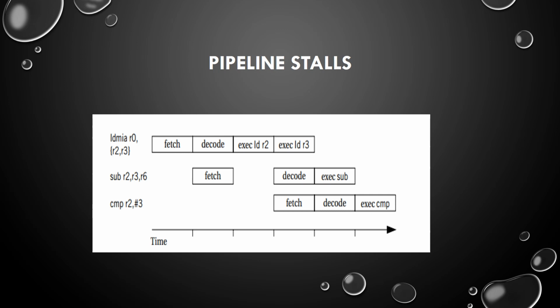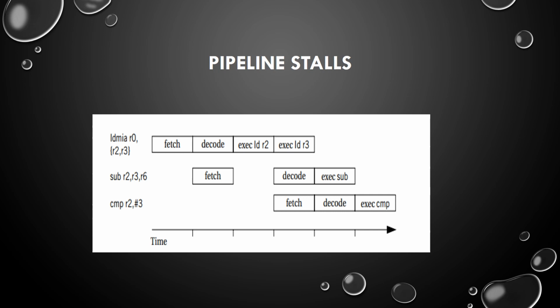It starts the fetching of the subtraction instruction during the decoding phase of the LDMIA instruction. But only once the execution of the LDMIA instruction completes can it decode its instruction. So it will wait till the execution phase is completed in the first instruction. Once the execution completes, it will start the decoding of the subtraction instruction, then simultaneously execute the subtract instruction.